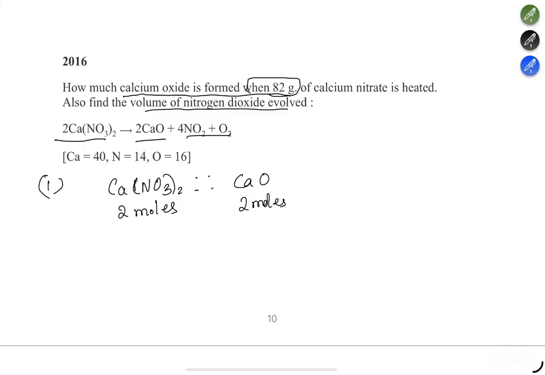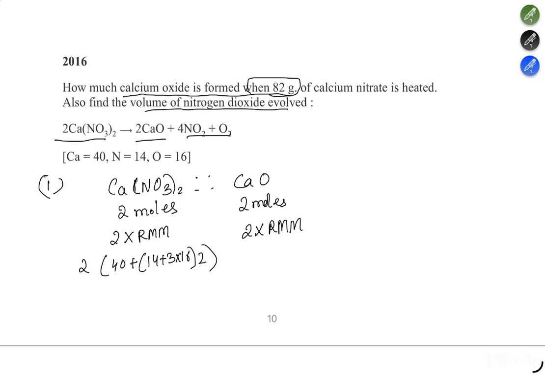So how will you convert this moles into mass? 2 multiplied by RMM of calcium nitrate and 2 multiplied by RMM of calcium oxide. You can calculate the RMM, which will be 2 times calcium nitrate, which is 40 plus 2 times (14 plus 3 times 16). That will be the mass of calcium nitrate.